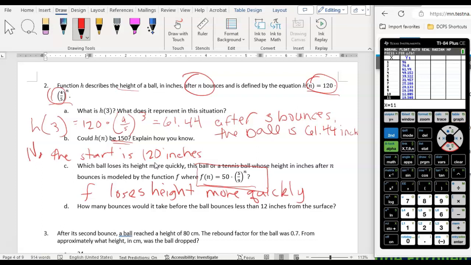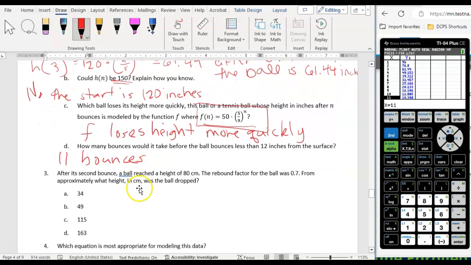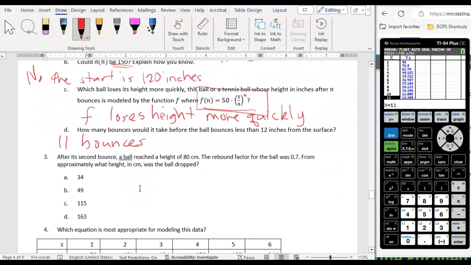And so that happens at 11 bounces, because at 11 bounces it looks like 10.308. So sometime after 10 bounces, it's going to be losing that rebound quality and bouncing only back to about 10.3 at the 11th bounce.